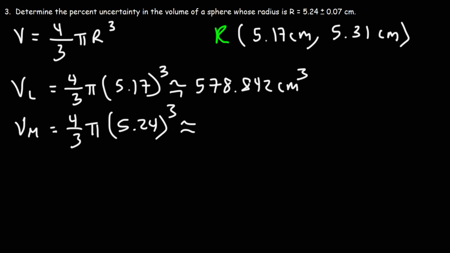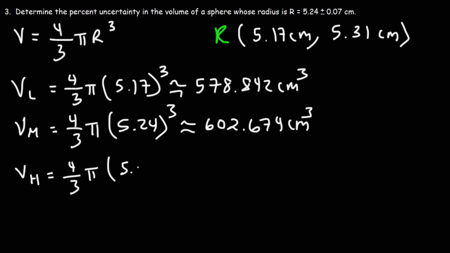Thus we have 4 pi times 5.24 cubed divided by 3, and that's going to be 602.674 cubic centimeters. Now let's get the highest value for the volume using the highest radius value of 5.31. So that's going to be 627.151 cubic centimeters.